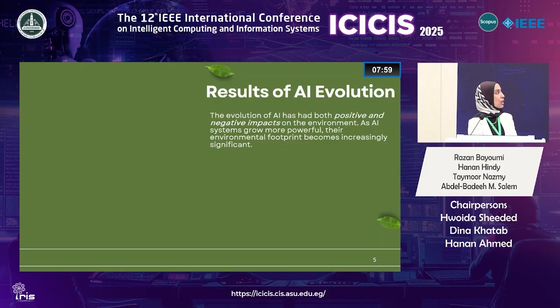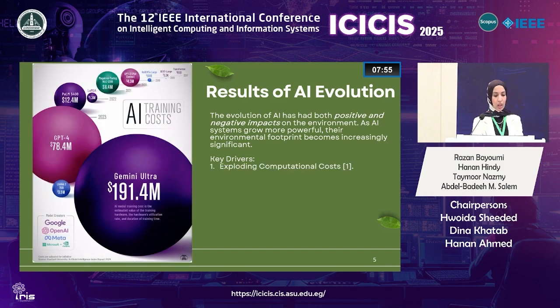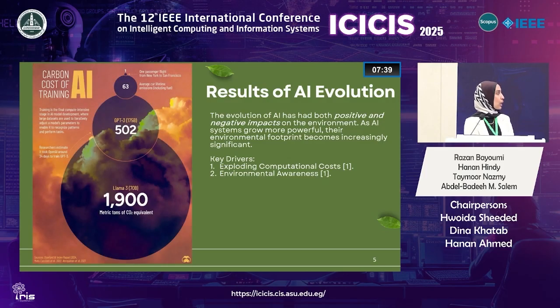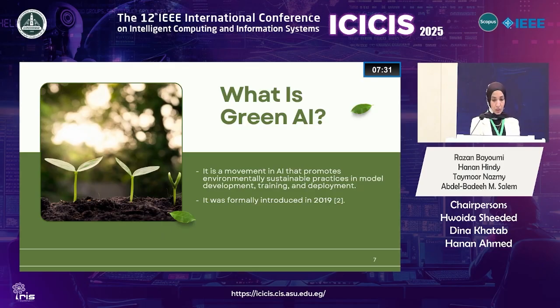Here is a numeric example with this graph. First, these are the costs of training over the past few years, as reported in 2024 by the Artificial Intelligence Index Report. And these are the amounts of carbon emissions that come from that training.